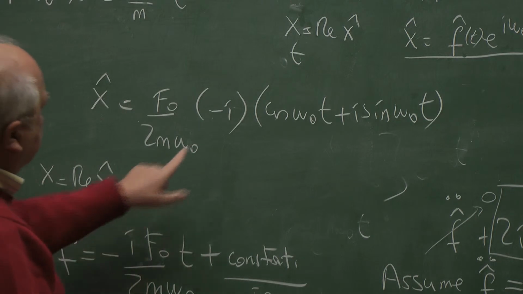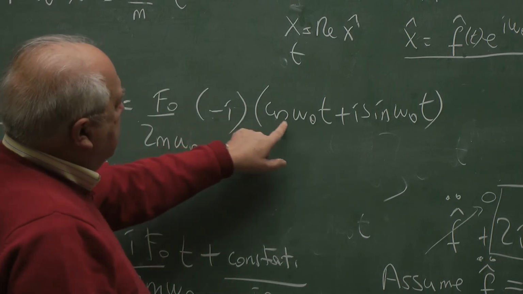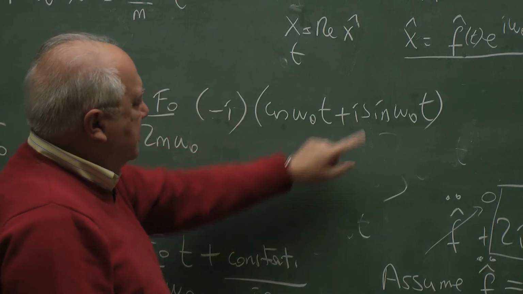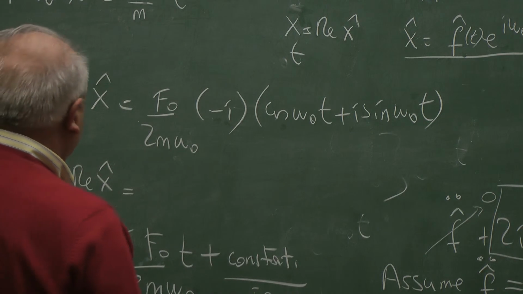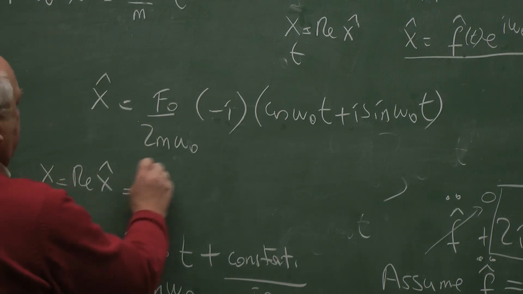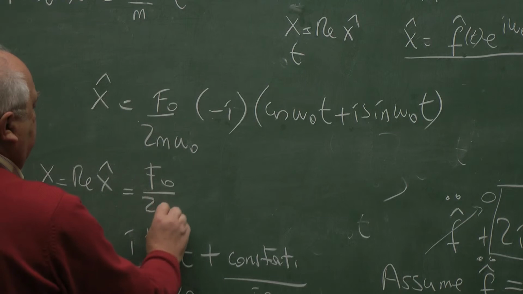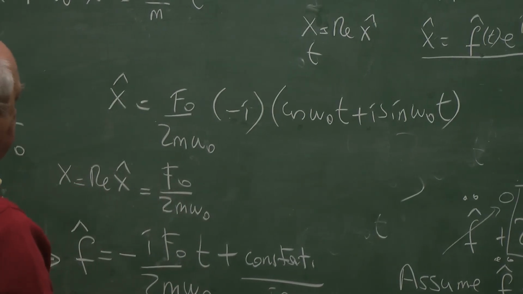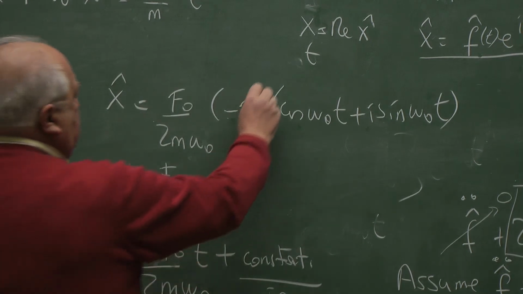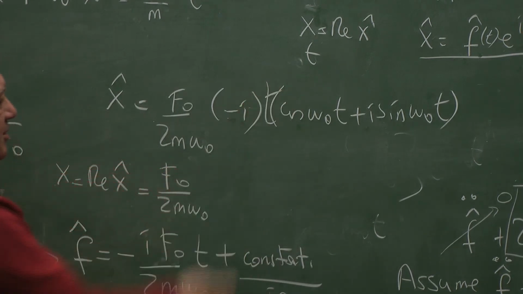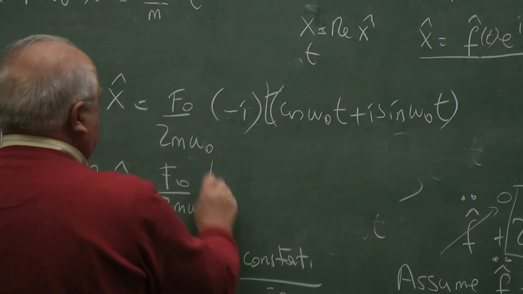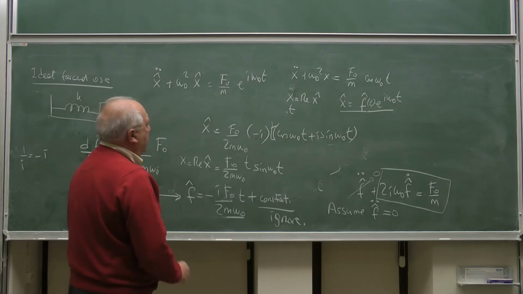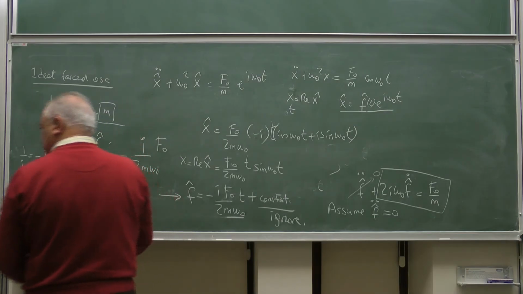So the real x is minus i times cosine, that's imaginary, minus i times plus i is plus 1, so that term is the real part. That's f0 over 2m omega 0. There's a t here. That's why we did all this. t times sine omega 0 t.